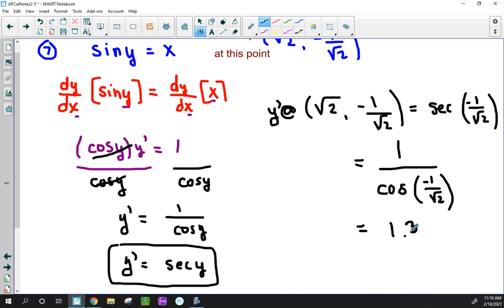I rounded it. Or 1.3154. Because remember in calculus we like to write 4 numbers after the decimal. That's how they like you to round.